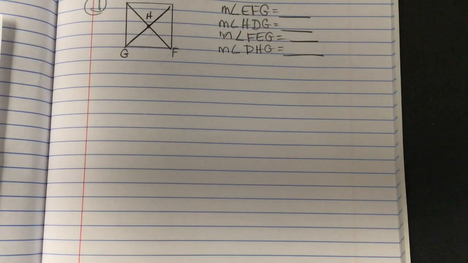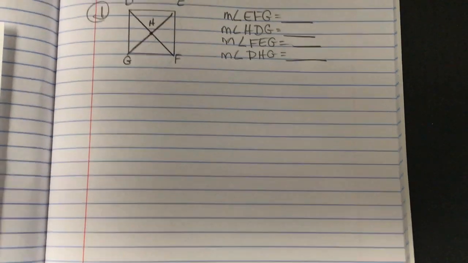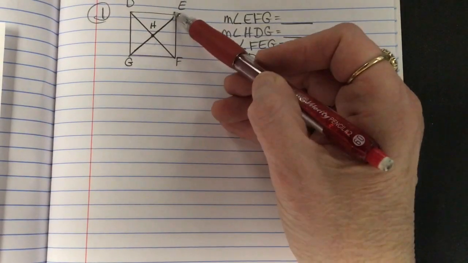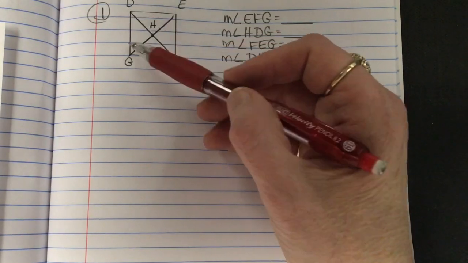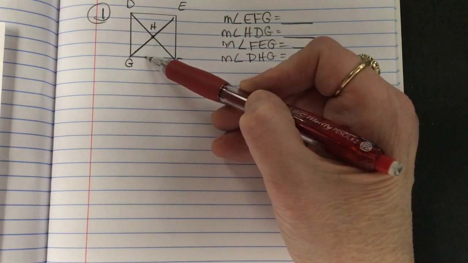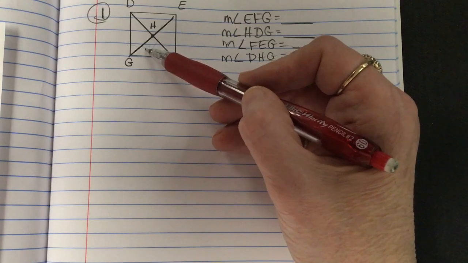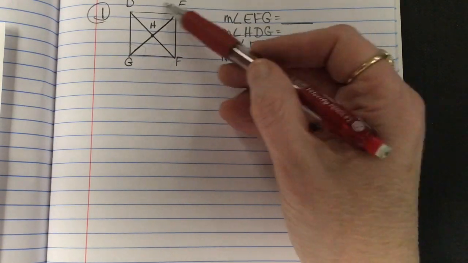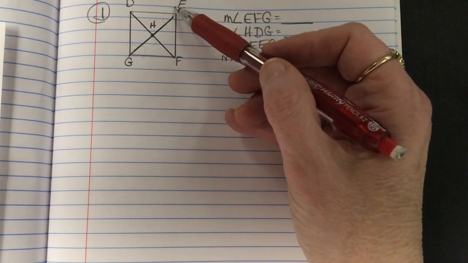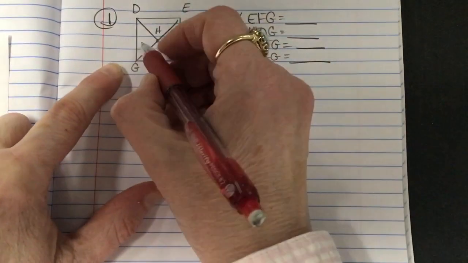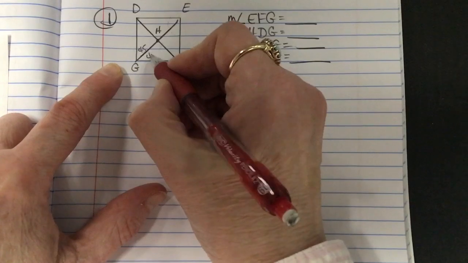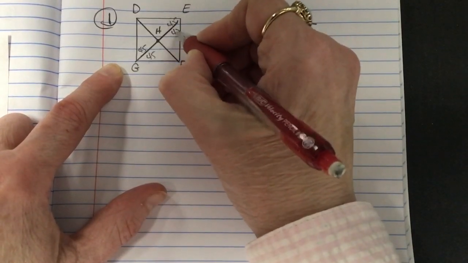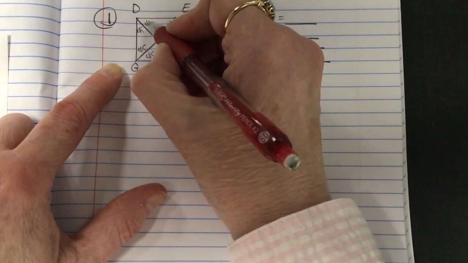They're either going to be 45 degrees or they're going to be 90 degrees, because the other thing is that the diagonals of a rhombus bisect the angles. So we know this angle is the same as that angle, and then we know this angle is the same as that, and we know those angles are equal to each other. So you end up here with 45, 45, 45, 45, all the way around.